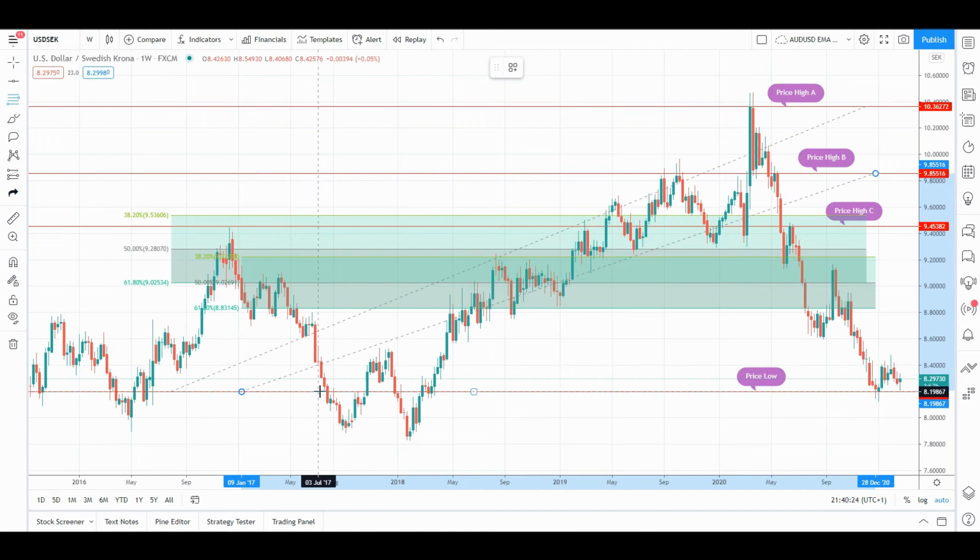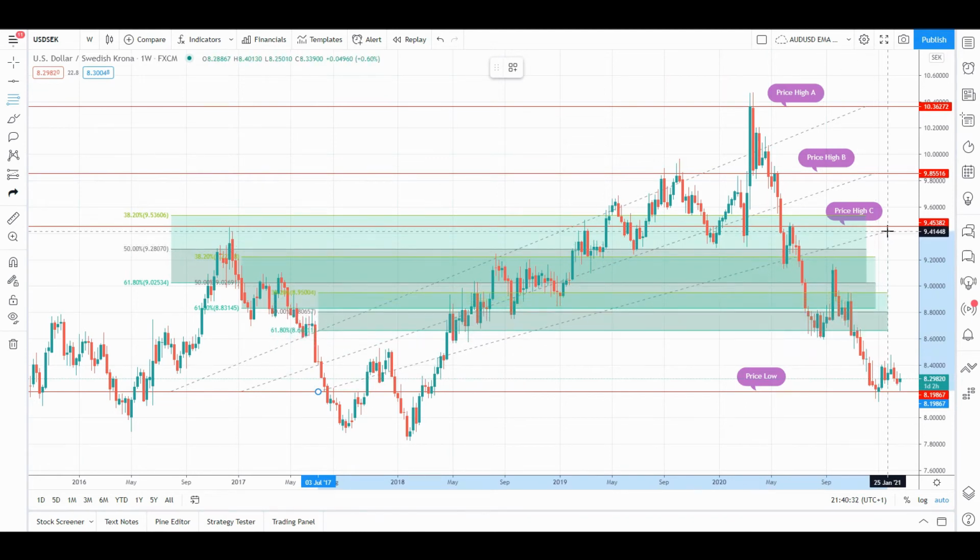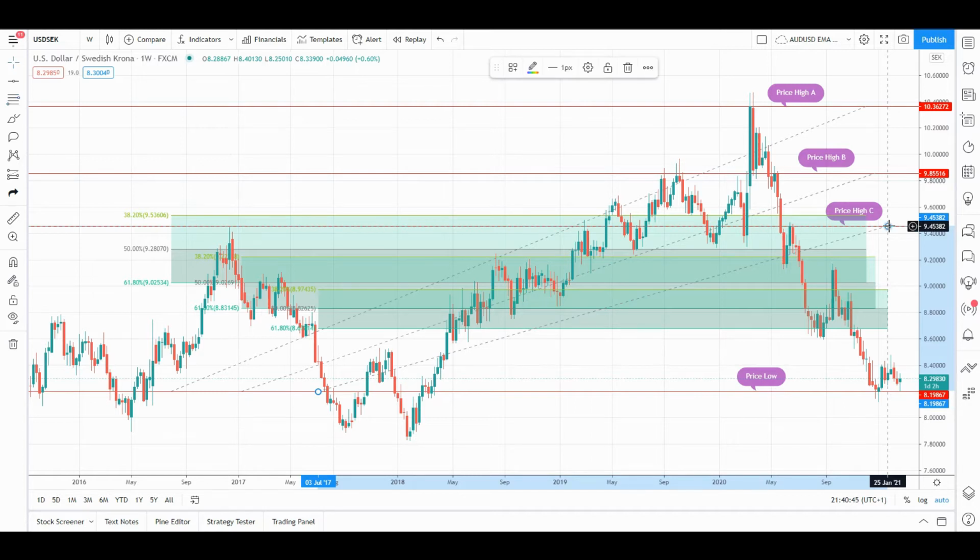So now we draw a third range across the chart, from the same price low as before to a price high C. You want to again look for an indication that at least one of those three Fibonacci ratios has been respected in the past by the market.